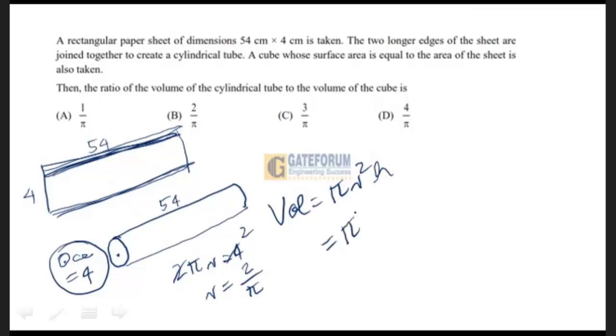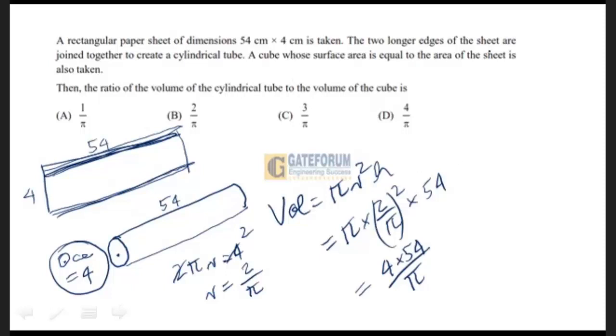So that is pi into 2 by pi whole square into 54. So this pi will cancel here, 1 pi will be left at the bottom. So this is 4 into 54 by pi. So that is the volume.